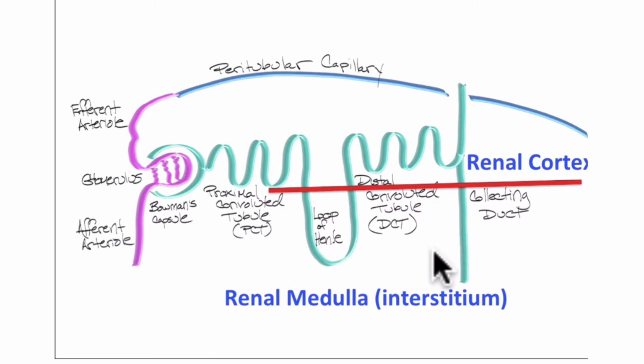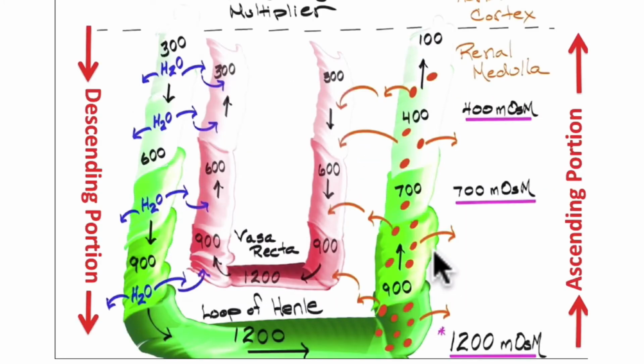Okay, so this is the bulk of our lecture, this slide right here. This is showing the loop of Henle in green, and in red we see the vasa recta, which is a very important capillary that is dipping into the renal medulla along with the loop of Henle. For now, I want to disregard the vasa recta. It's super important, but let's just focus on the loop of Henle.